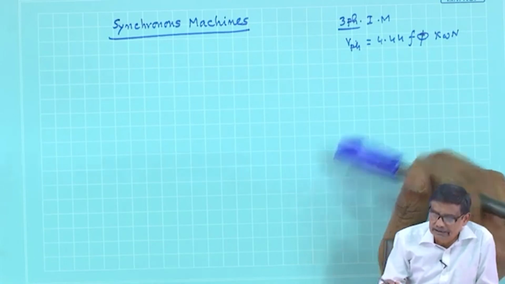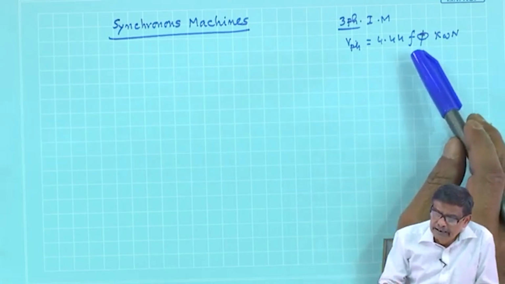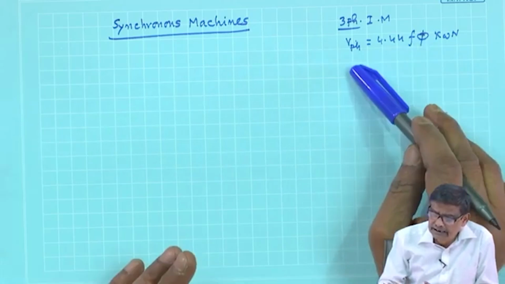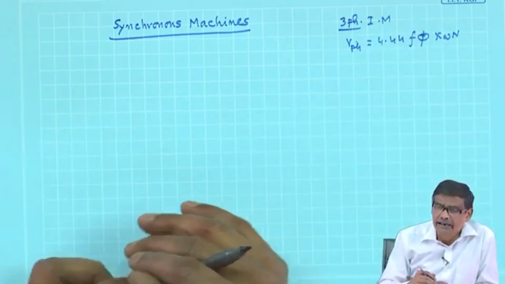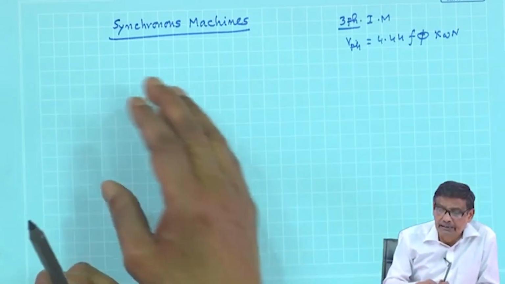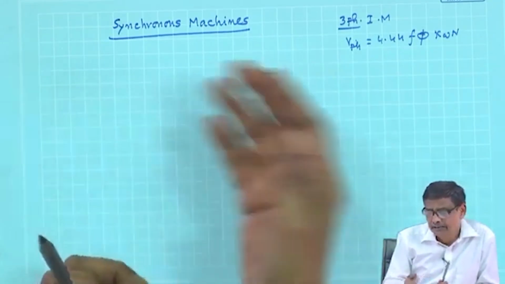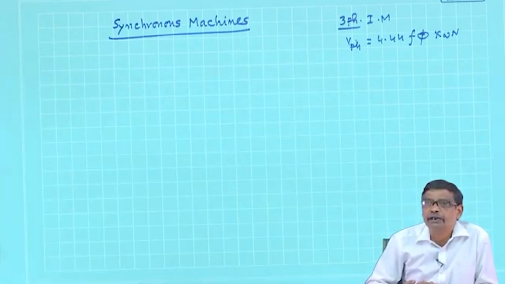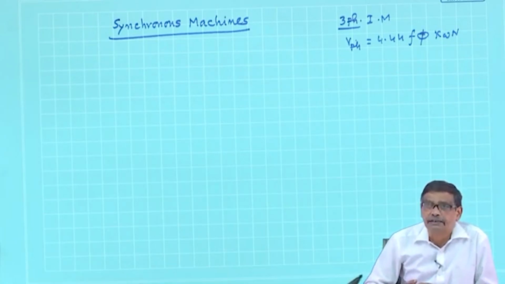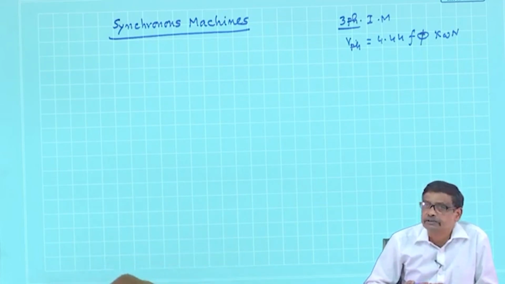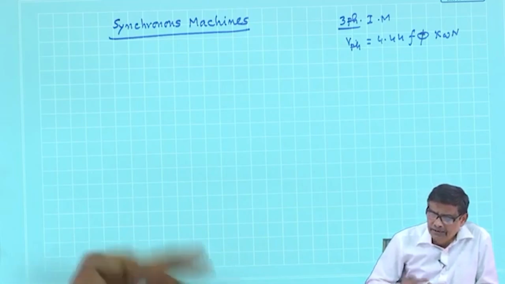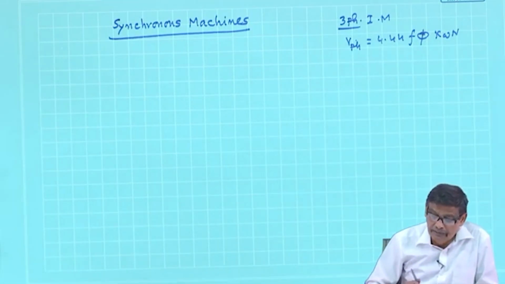This condition is put from the supply side, and in between the supply and the machine coils there is machine impedance, R1 and X1, leakage reactance and resistance per phase on the stator, and we developed the equivalent circuit.